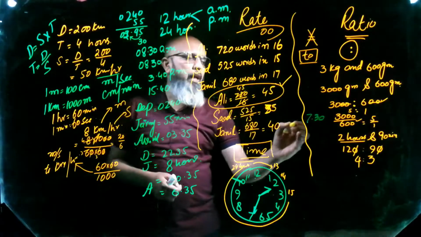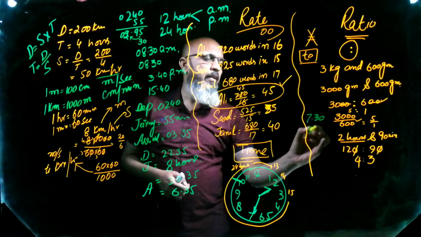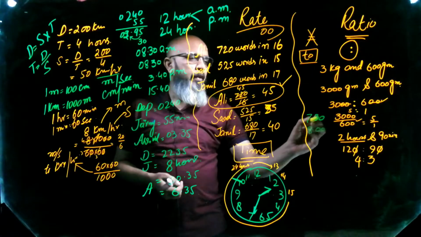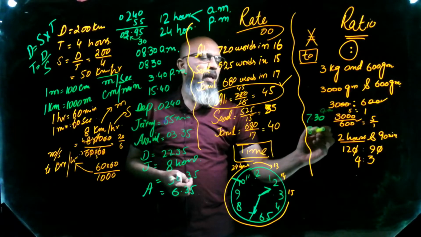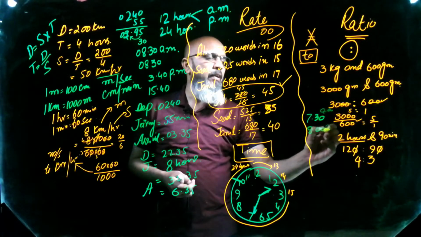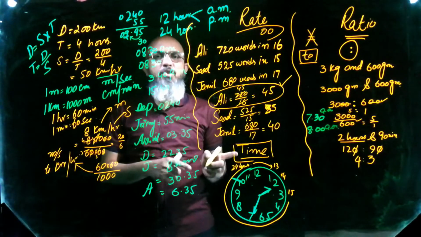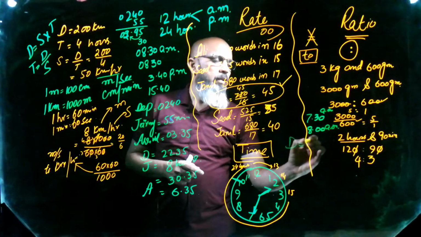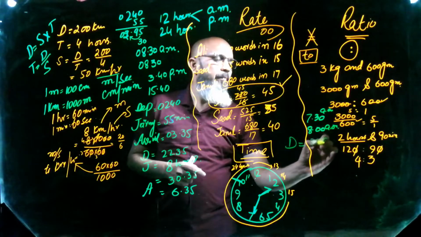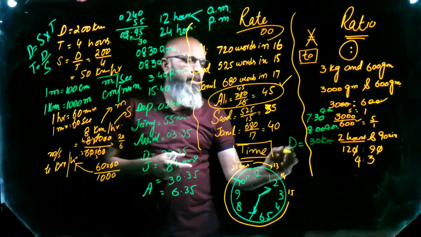You reach office at 8 a.m. You left from home at 7:30 a.m. and you reach office at 8 a.m., right? The distance from your house to office is, suppose, 30 kilometers, right? Find the speed.